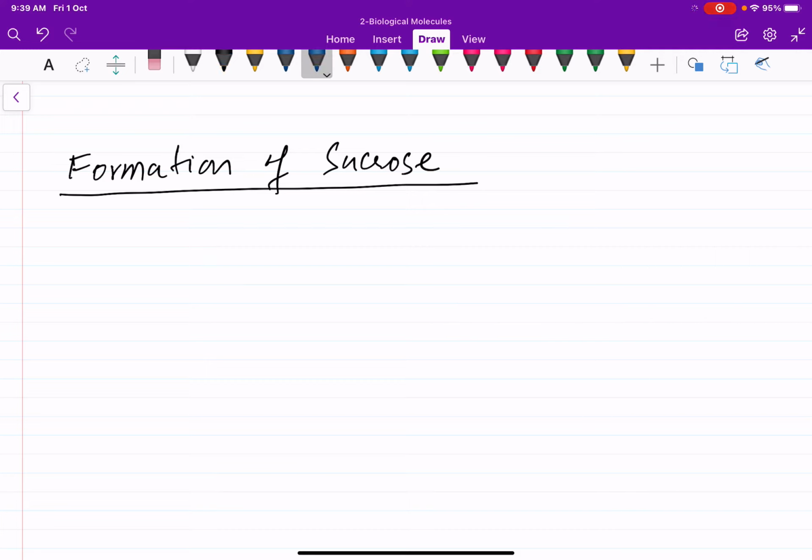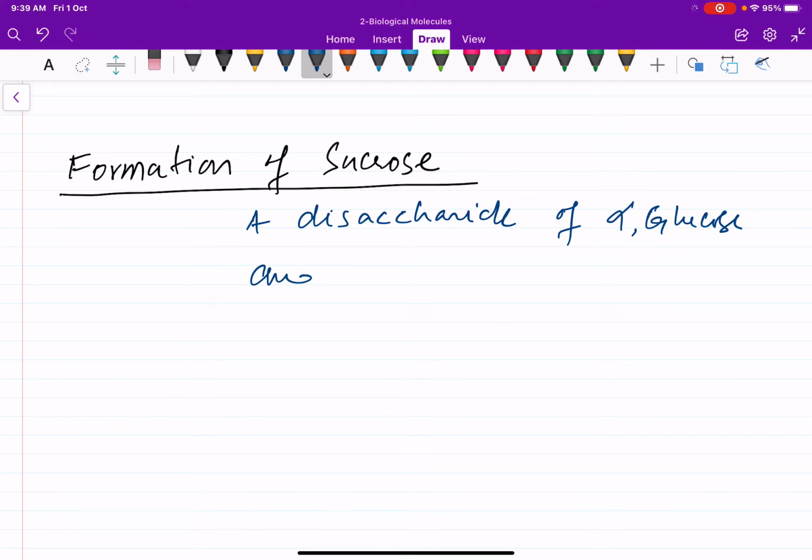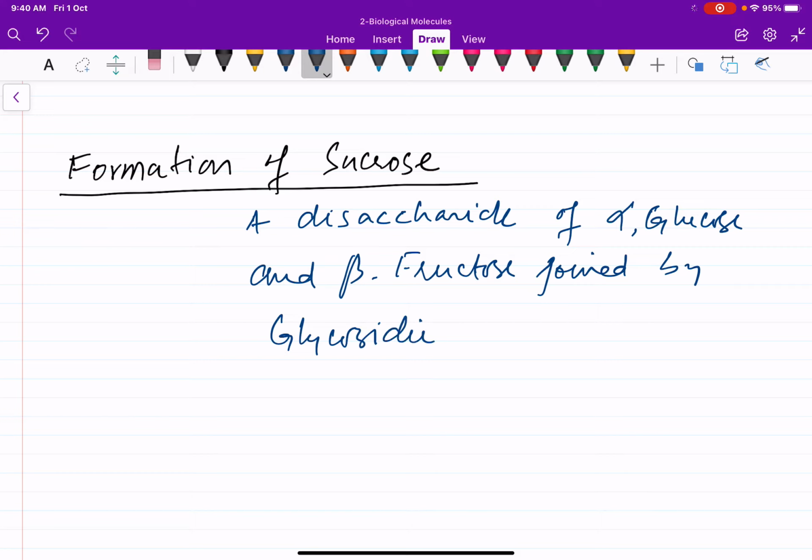Sucrose is a disaccharide of glucose, that is, alpha glucose, and beta fructose, joined by a glycosidic linkage. So I'll make an alpha glucose first and then the beta fructose.